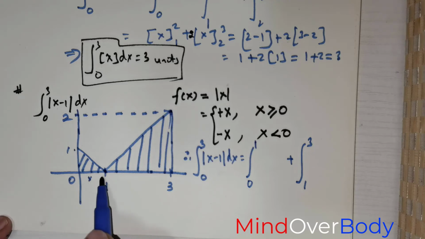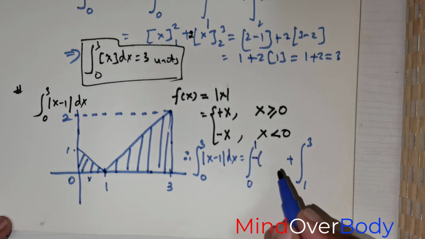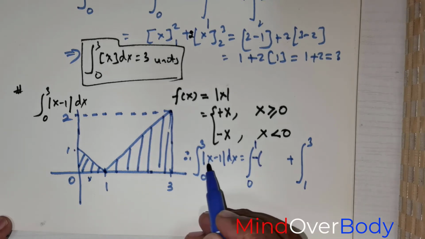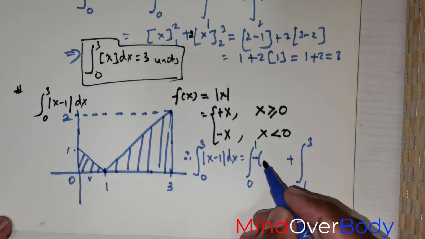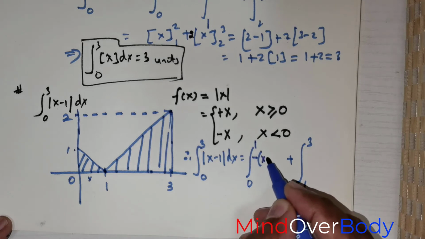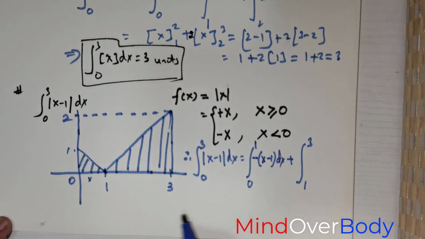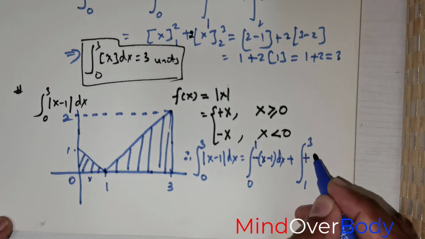For all values of x falling on this side, we will have to open up with a negative x. So the modulus of x negative 1 would open up with a negative sign. That would be negative of x negative 1 times dx. And for all values on the other side, greater than or equal to 1, we would have to open up with a positive sign.